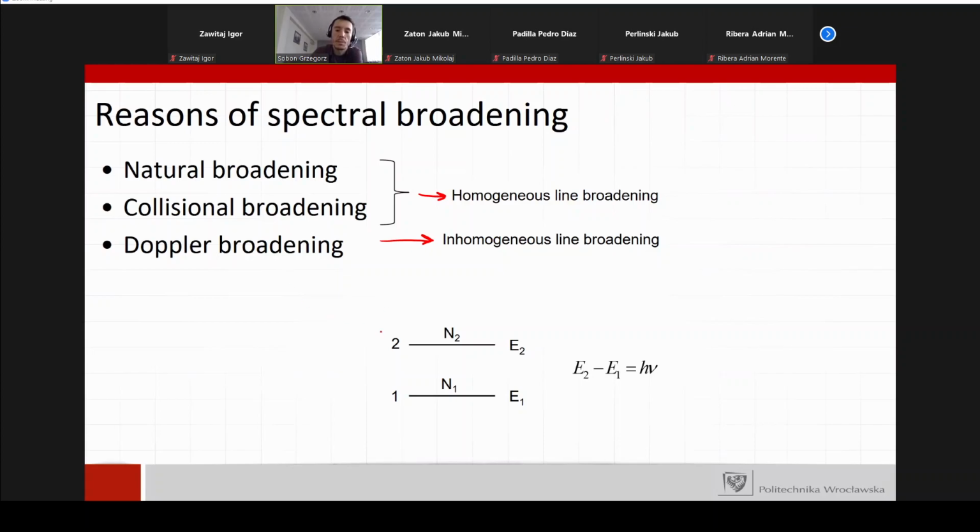So let's assume that we have a two-level system. Okay, so we have an atom which has two energy levels, 1 and 2. We have some populations of atoms on these levels, and we have just two energy states. Okay, so the emission will occur from level 2 to level 1, and here we emit the photon with the energy given here.